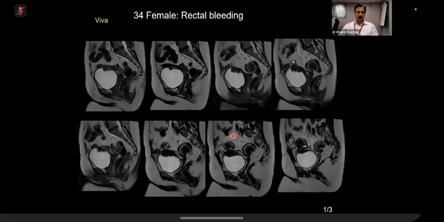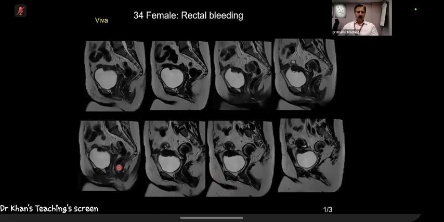Good, you have picked this up. Anything else? I can see there is a previous hysterectomy. And I can see there is a narrowing of the rectum as well.